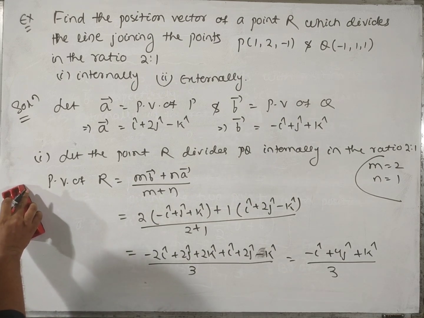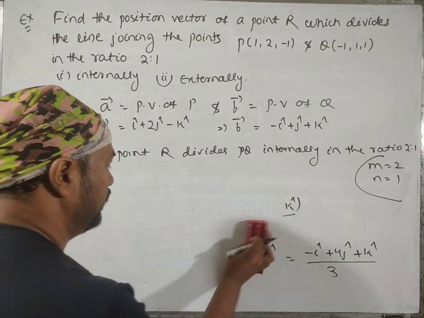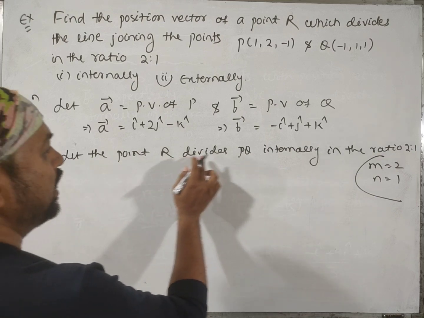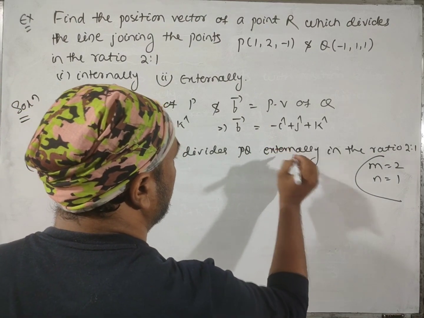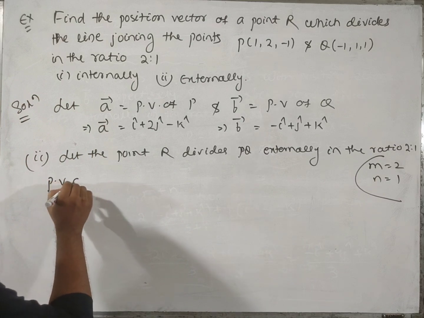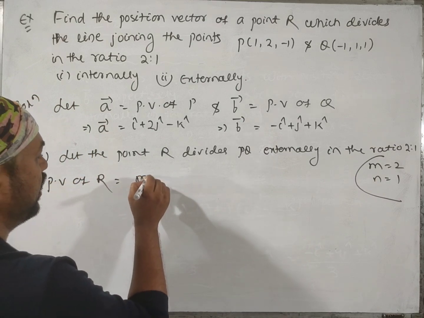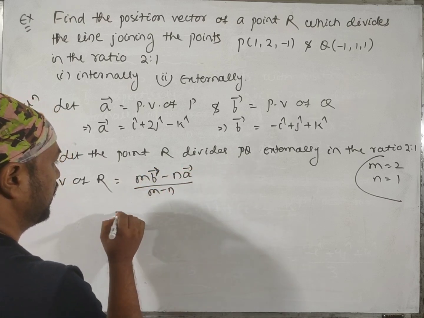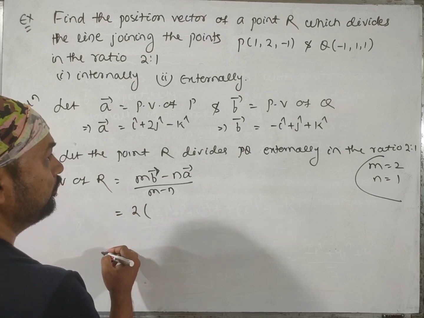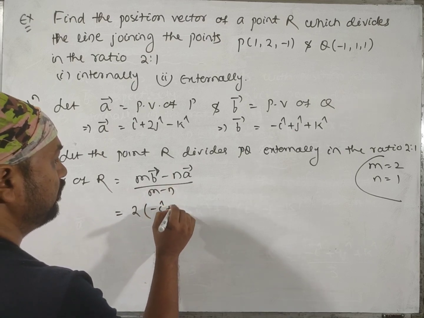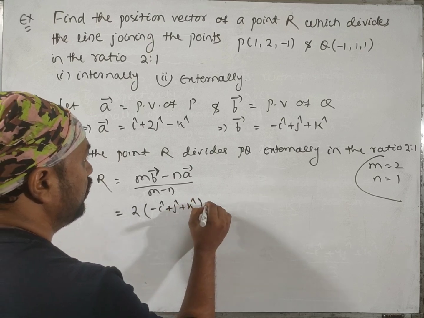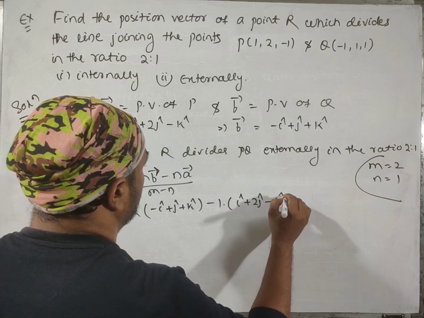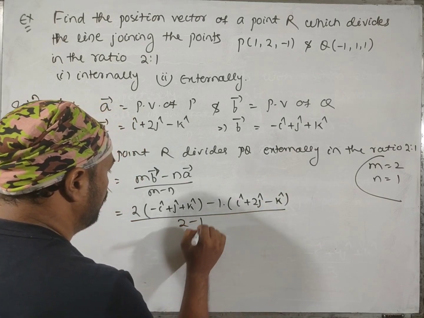Then let us discuss the second case. Let the point R divide PQ externally in the ratio 2 is to 1. Then the position vector of R is m B vector minus n A vector divided by m minus n, and it is 2 into (minus i cap plus j cap plus k cap) minus 1 into (i cap plus 2j cap minus k cap) divided by 2 minus 1.